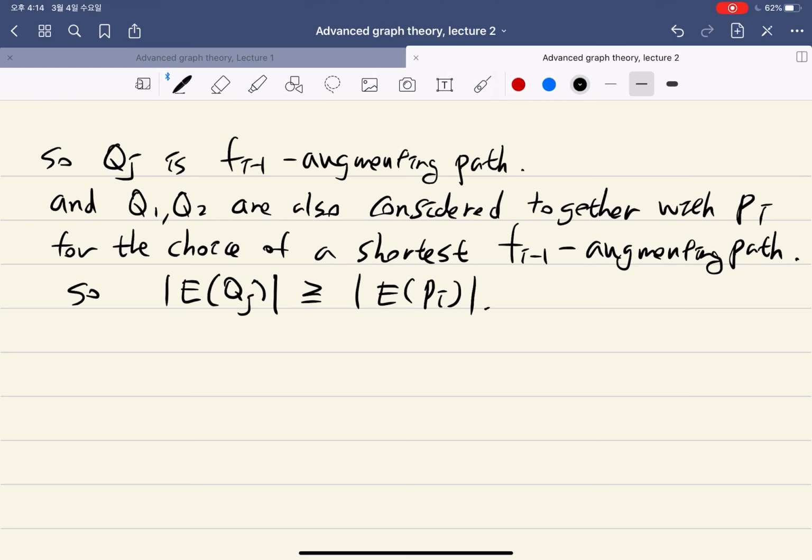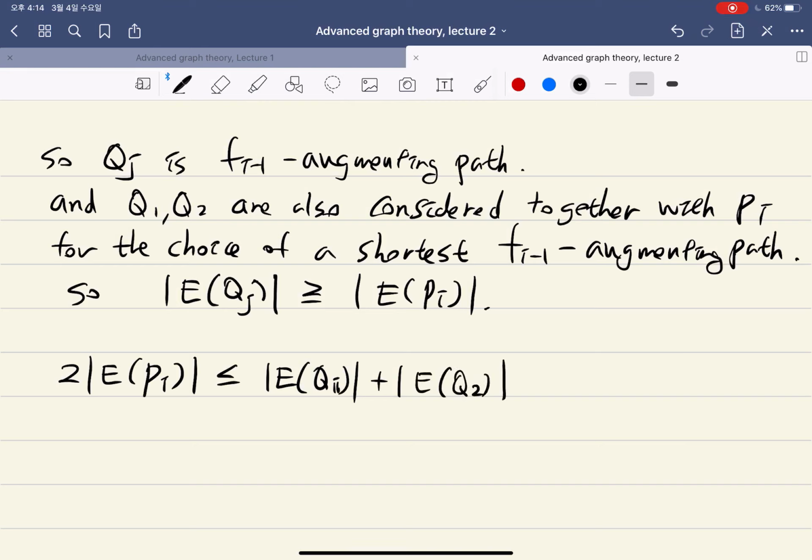From that, what we have is that twice Pi is not bigger than the number of edges in Q1 and Q2.